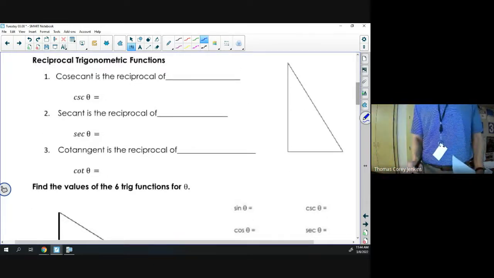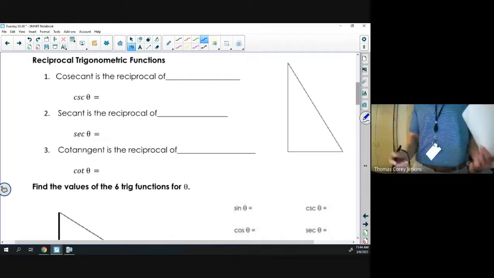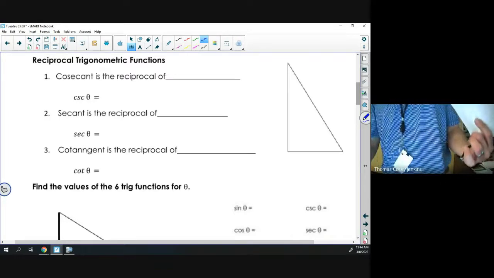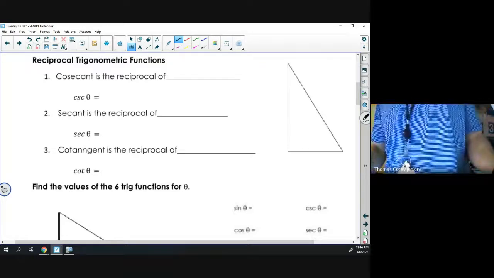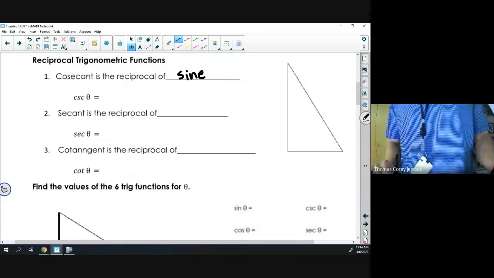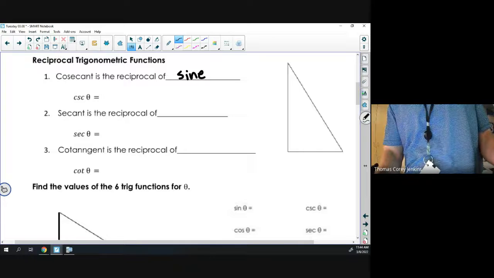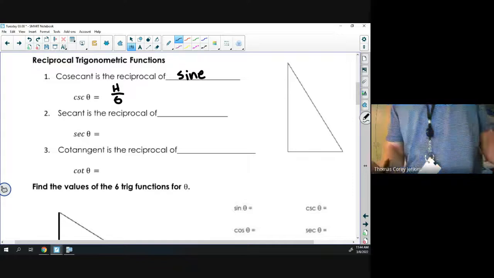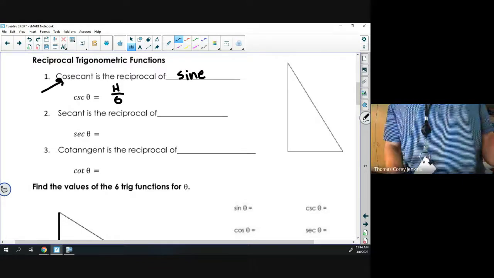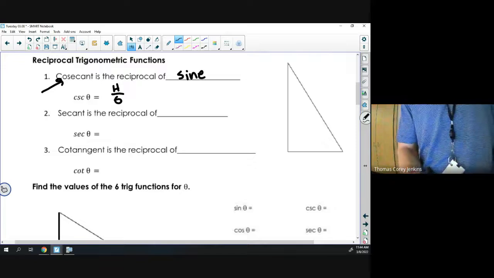And then we have the inverse of each one of those. Cosecant, sometimes you'll hear that called arcsine too, but cosecant is the word we will use for the reciprocal of sine. So if sine was O over H, then its reciprocal would be H over O. On the calculator, not today but in the future, the button for this looks like sine to the power of -1.